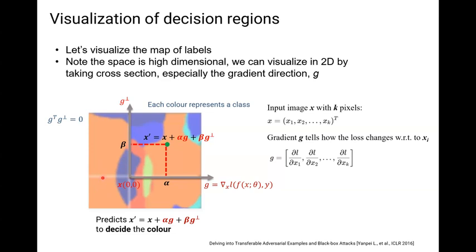These colors are just the label map. So let me write it down here. Let's say these blue regions here, this blue one, is the cat label. For example, this orange area is the dog label.